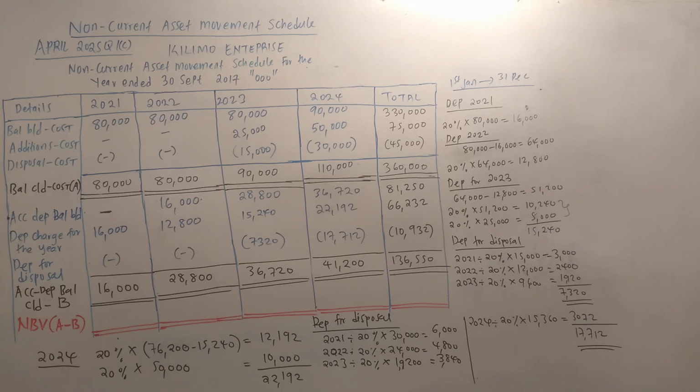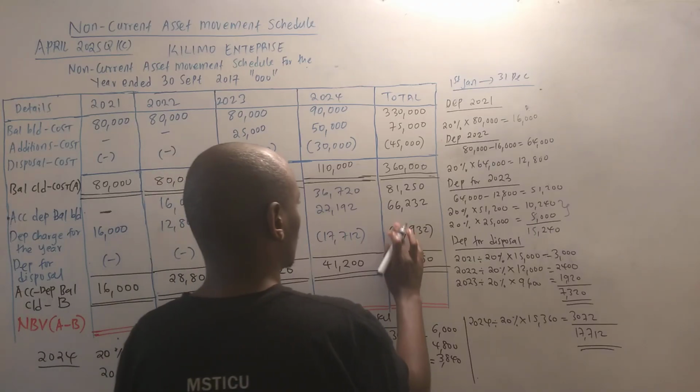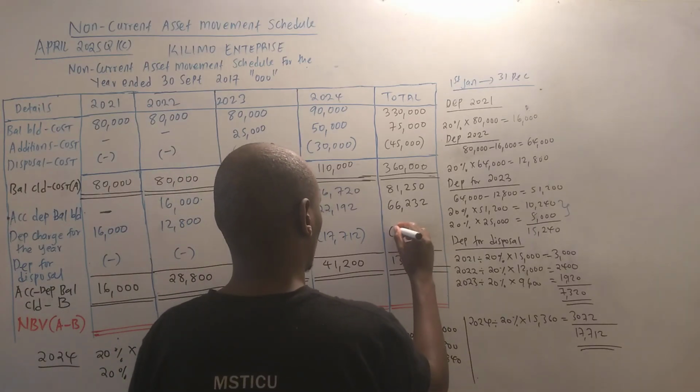16,000 plus 28,800, that is 36,720. So 81,250. Thereof 16,000, 12,800, 15,240, 22,192, 66,232, then 7,320, 17,712. They're supposed to be 25,032. This one is wrong.